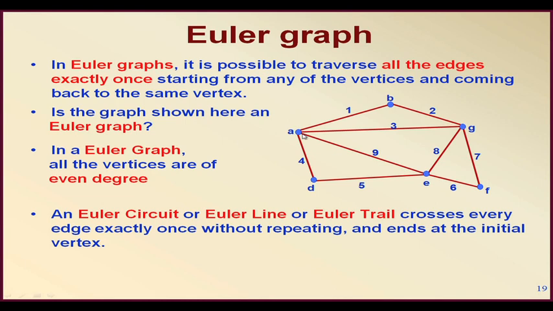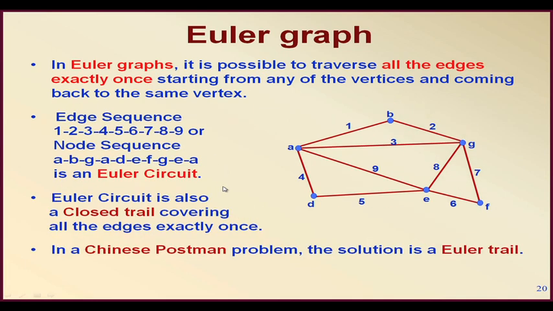If you have come back to A, but two more edges are still remaining, again you have to go out in one and come back in another. The same thing should hold for all the vertices, or in simple words, all the vertices should be of even degree, is it not? That is the requirement of an Euler graph, that all the vertices should be of even degree, right.